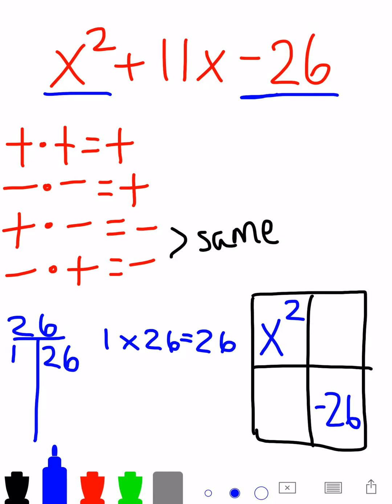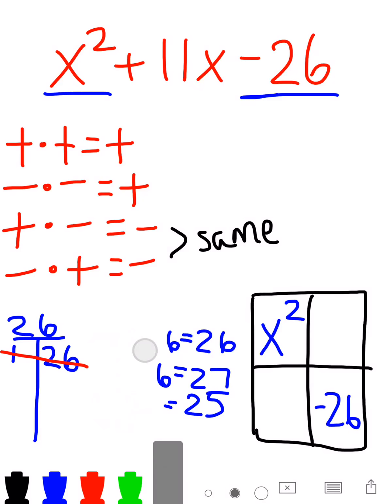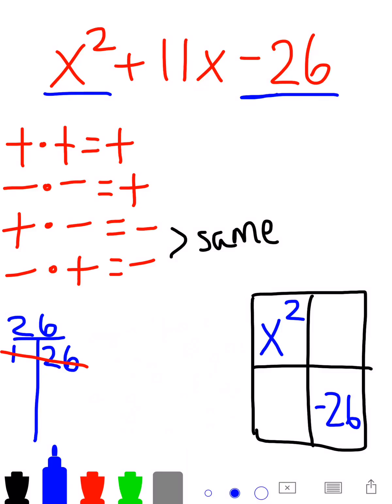That checks out. 1 plus 26 will give me 27. That doesn't equal 11. Or 26 minus 1 will give me 25. That still doesn't equal 11. So we know that these are not the factors that we need. Let me erase this really quick. We're going to go on to number 2 now.